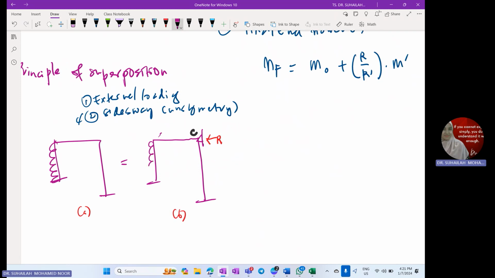So here is the loading. Okay, like this.